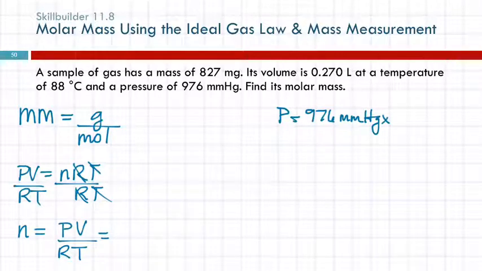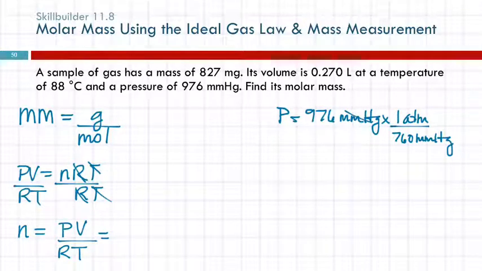To convert that, I multiply by 1 atmosphere and divide by 760 millimeters of mercury. I put that in there so the units work out. 976 divided by 760 is 1.2842 atmospheres. So that goes in here.